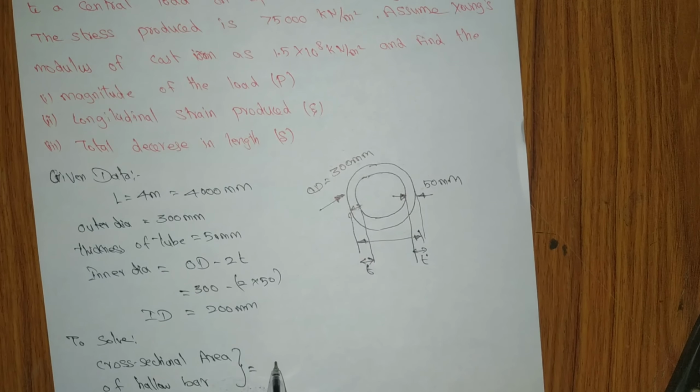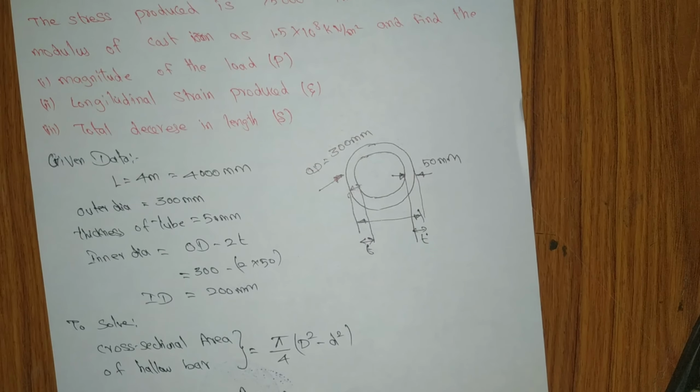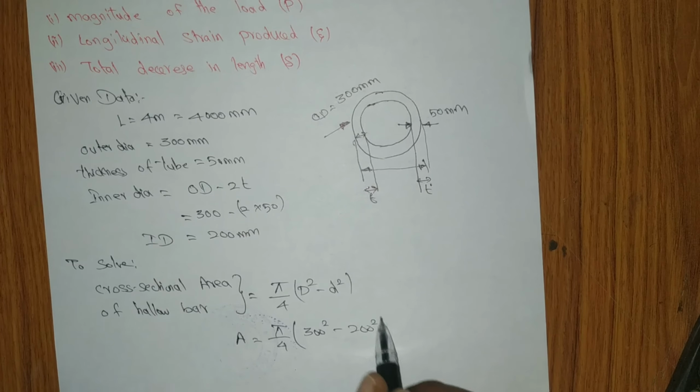As we know, the area of this hollow cylinder, or hollow cross sectional area, is pi by 4 d square. So we have two different d's: one is outer diameter square minus inner diameter square. So the area will be pi by 4 times 300 square minus 200 square.